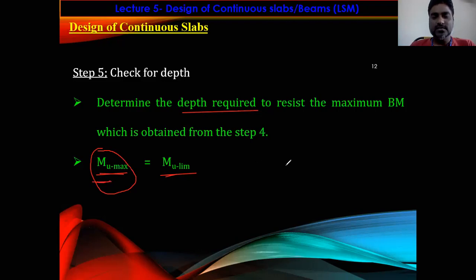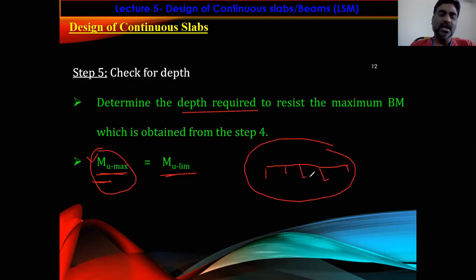Because if the beam or slab is safe with respect to the maximum bending moment, obviously it will be safe for other cases, because the bending moment is less than the maximum in all other cases. So that is why I am taking the maximum, right? So equate your maximum bending moment to Mu limit for determining the depth required.